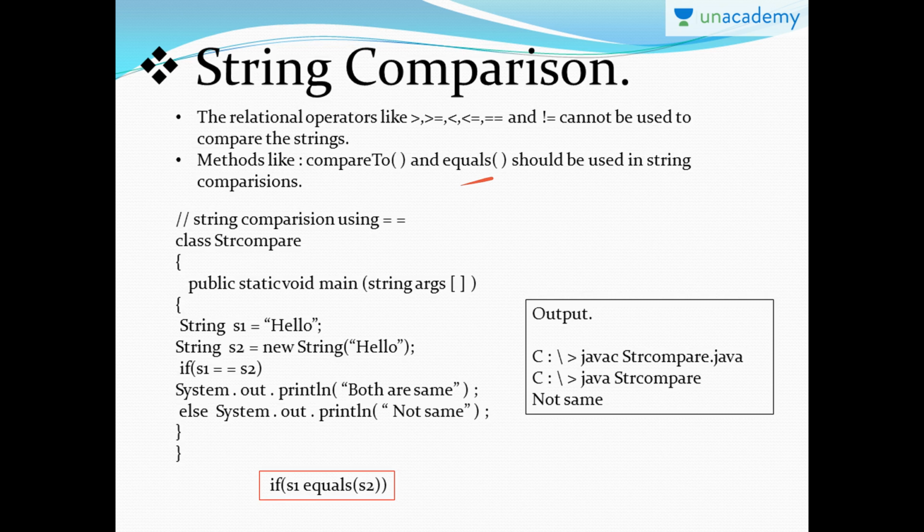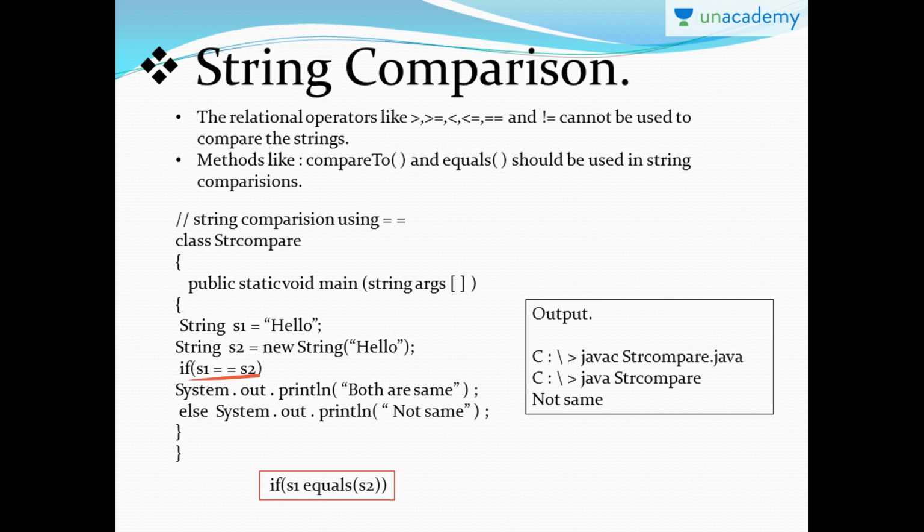Okay, now I'm writing a program using double equals, which I said is not applicable. Let us see what happens here. In this program, till here it is the same, I am assigning hello to s1, and then creating an object s2, storing hello in s2 as well. According to this double equals symbol, if both strings are equal, it has to print same, else it has to print not same.